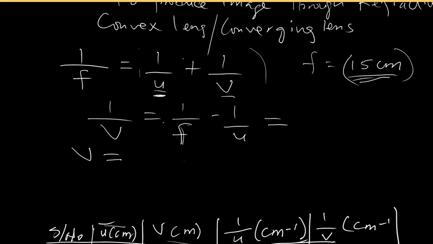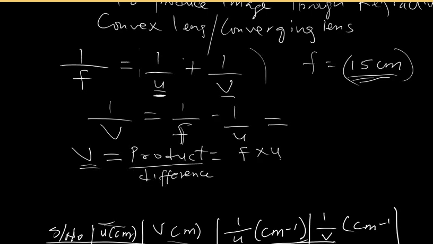Once you have this kind of fraction and you want to get v, just use this principle: product over difference. That's going to be the product of f and u, divided by the difference, u minus f.